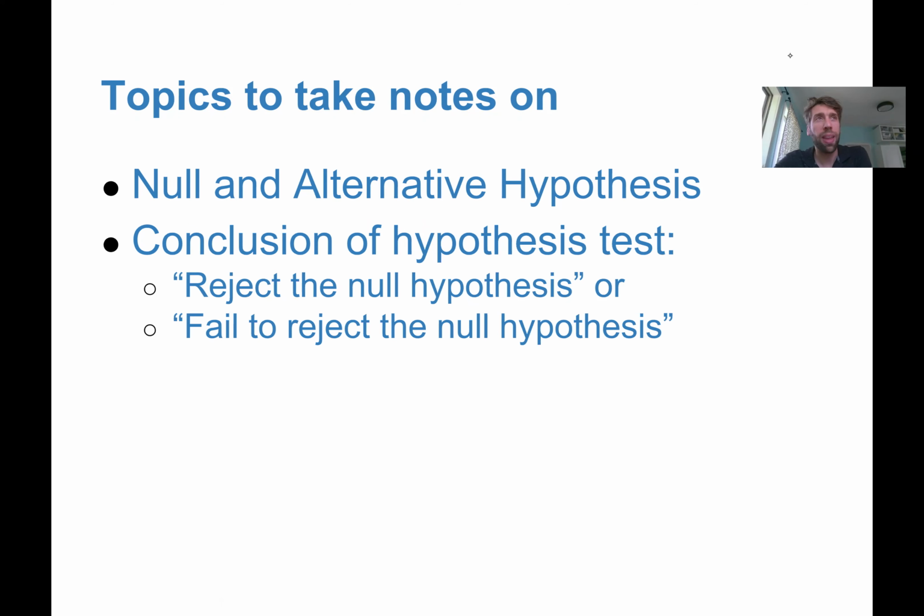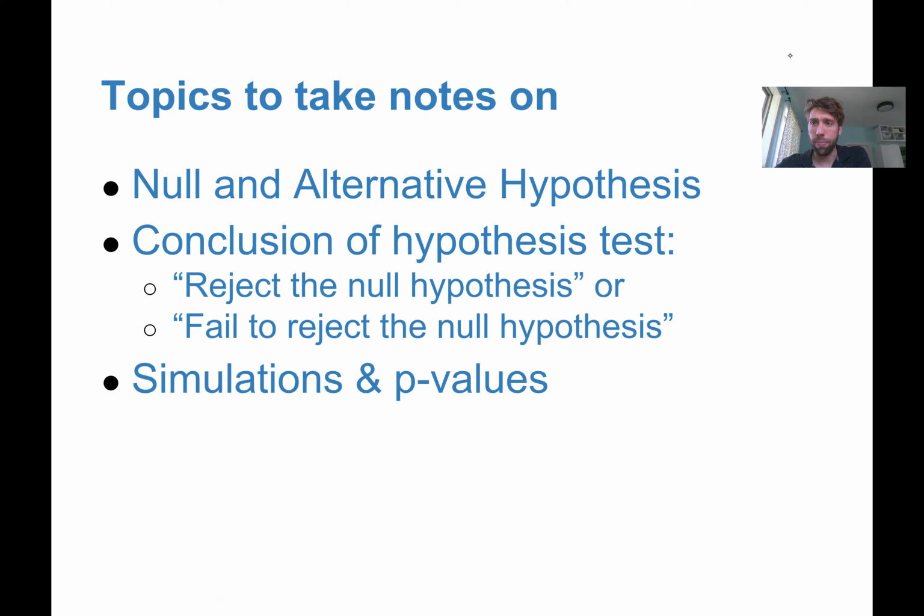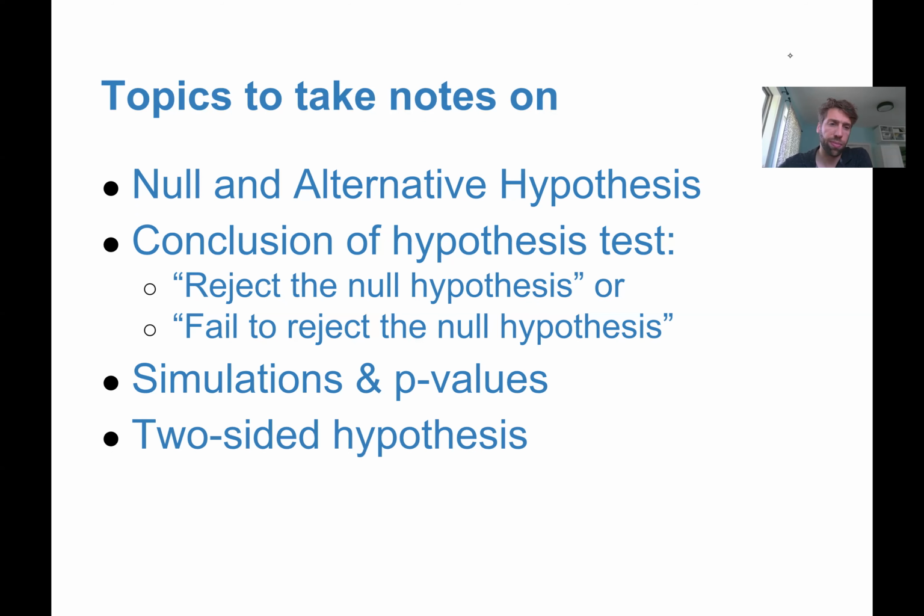It might be good to write these down word for word, because you're supposed to have them at the end of a hypothesis test. Somewhere at the end, you're supposed to say one of those things: you either reject the null hypothesis or fail to reject the null hypothesis. We'll get more into that later. Then we're going to talk about simulations and a thing called the p-value, which is going to be really important for the rest of our class.